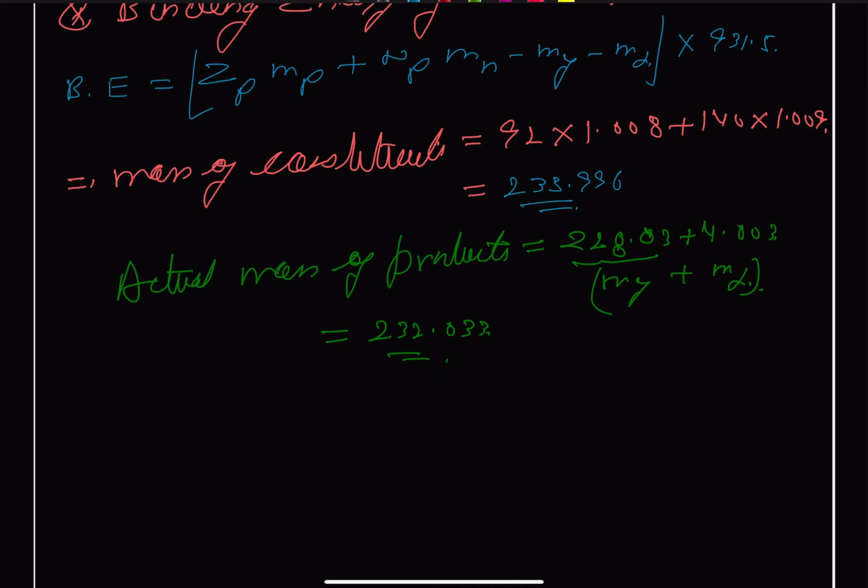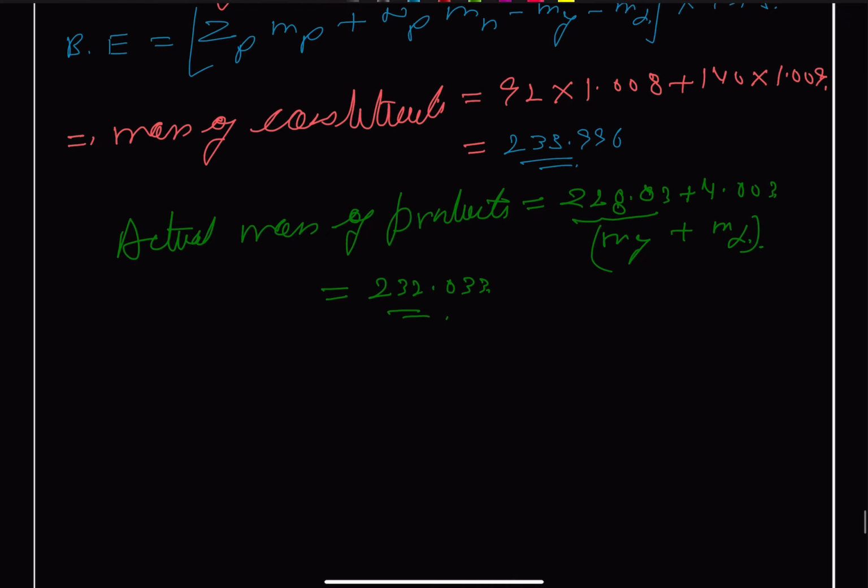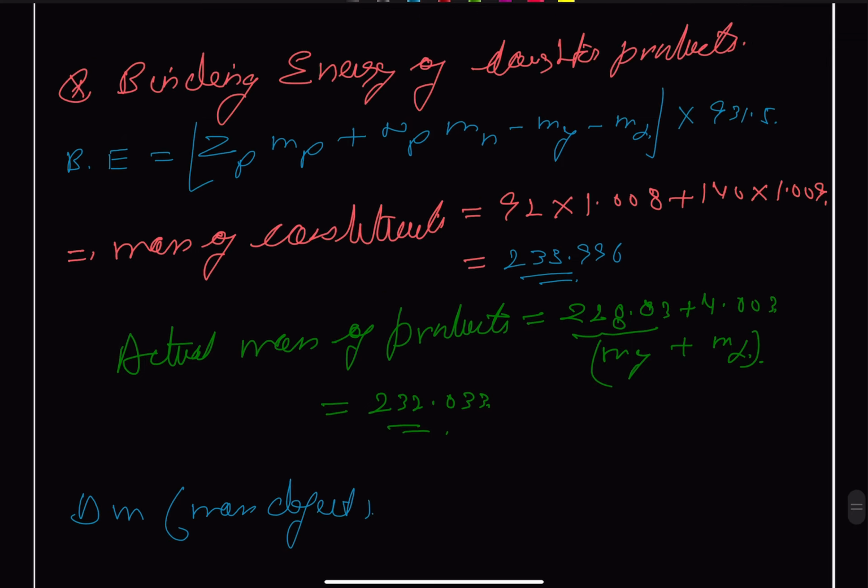From here we can find out the mass defect, that is our delta M. In this formula, let me write it this way: this is minus and this is plus.